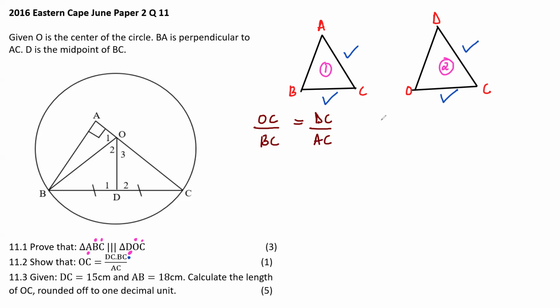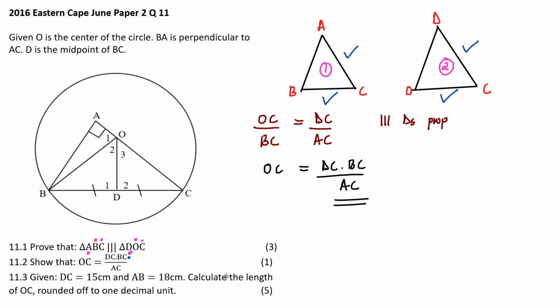Similar triangles that are in proportion. Then you want to look for OC, so just cross multiply. Now it's going to be OC equals DC dot BC over AC. Just 1 mark is fine.